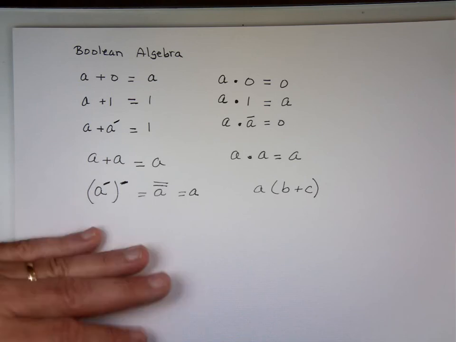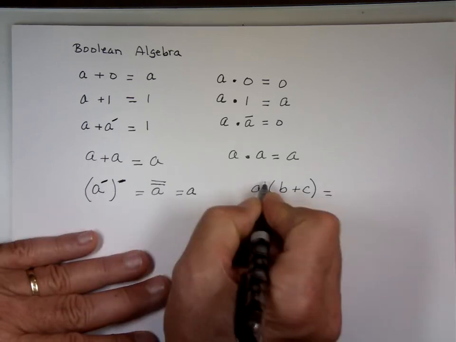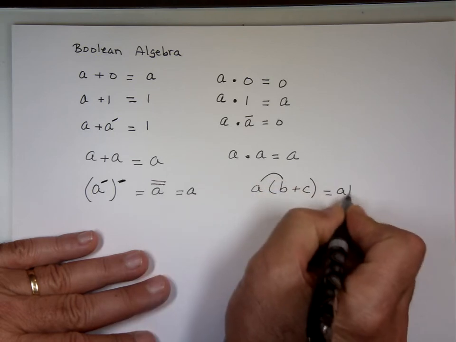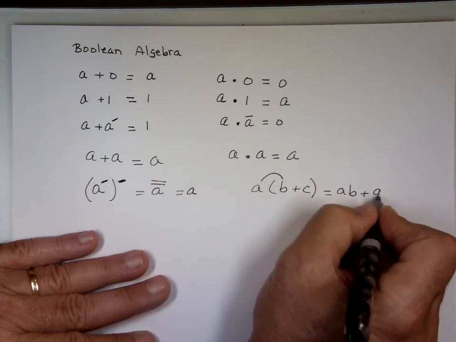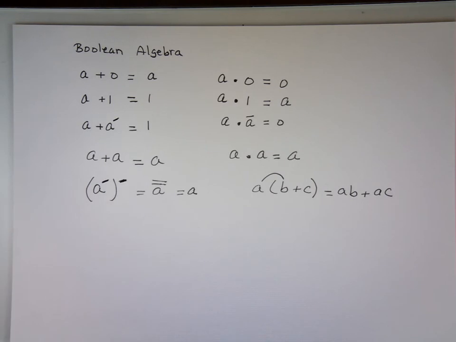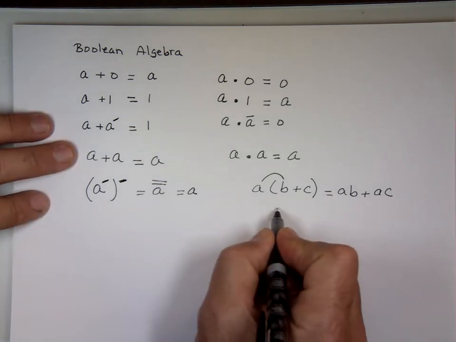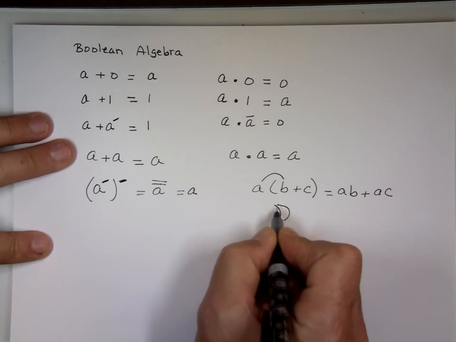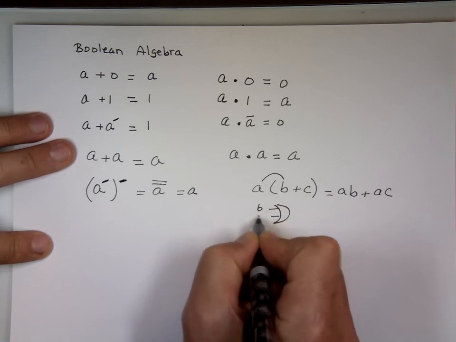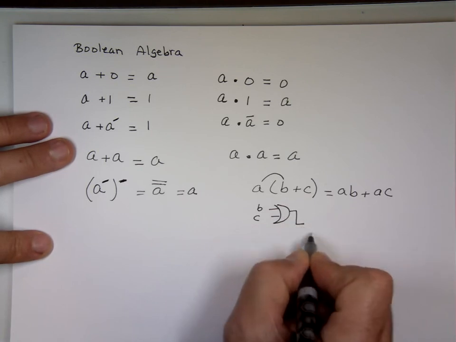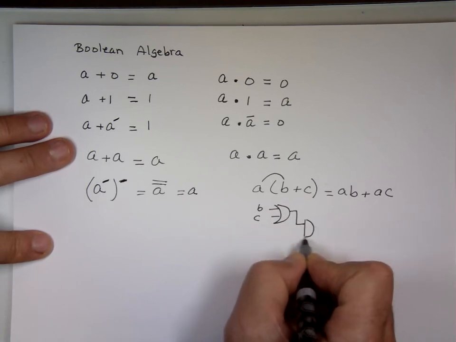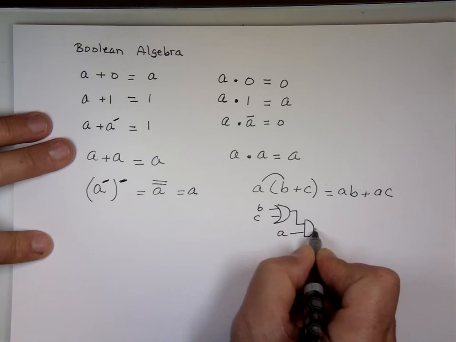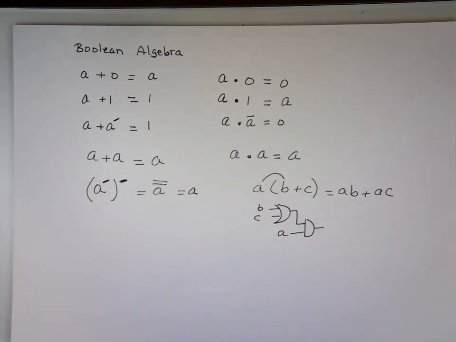That's A times B plus A times C. But if you watch the design of that, this is an OR gate with B and C, and the result you AND with A. How many gates am I using here? 2.